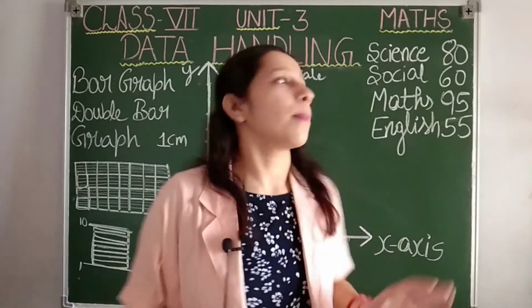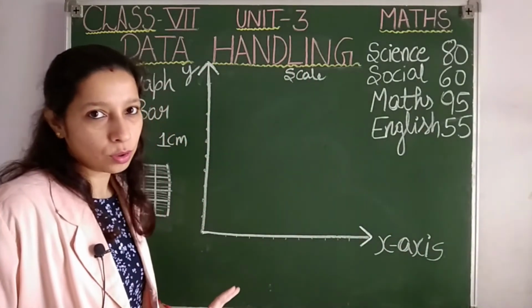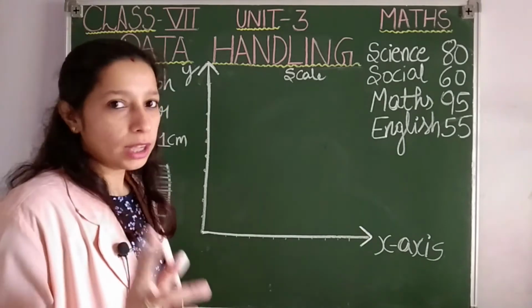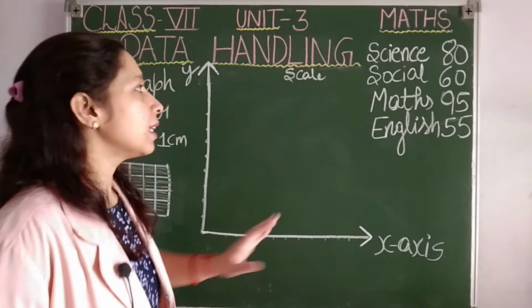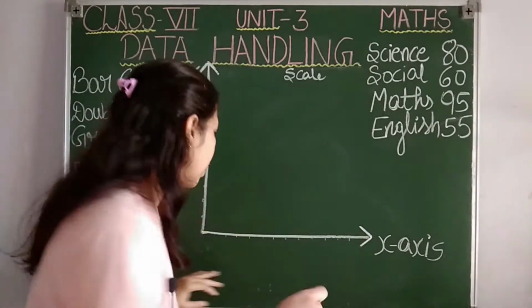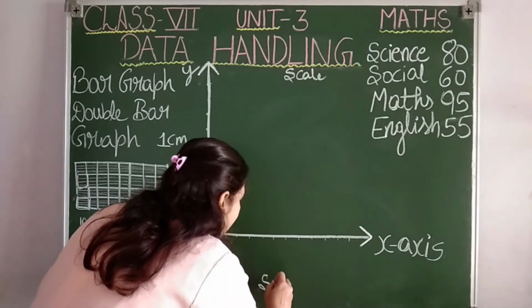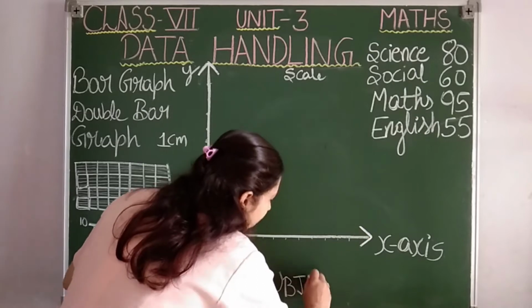First step is to draw the y-axis and x-axis. I have drawn it. This is clear to you. Now I told you just now that here we write titles. How to write the title? See, here what is given? The name of the subject is given. So on the x-axis I am going to write subjects. Clear students?